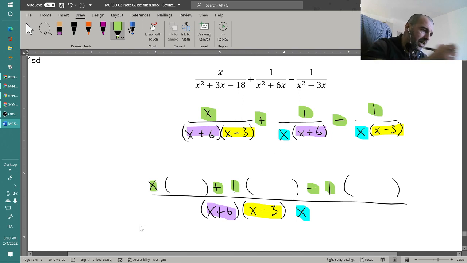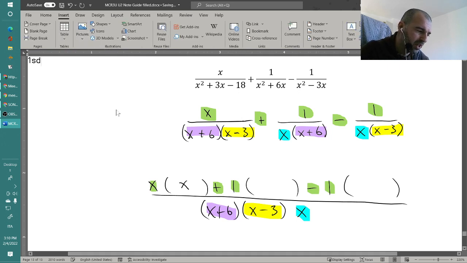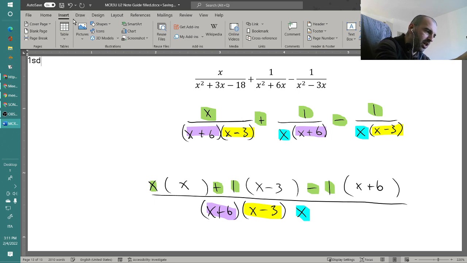Therefore, I have to write down the blue factor in there. This one here has the blue and the purple, so it's missing the yellow, so I have to write down the yellow. And the last fraction has the blue and the yellow, but it's missing the purple, so I have to write down the purple.